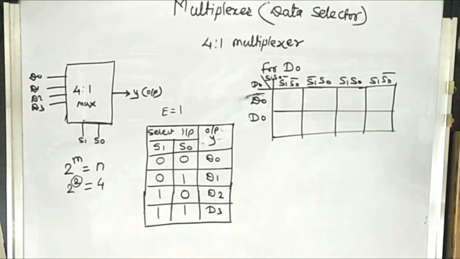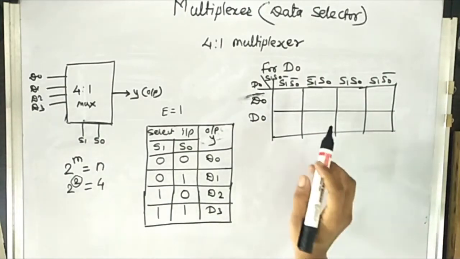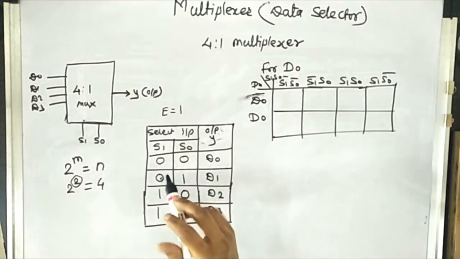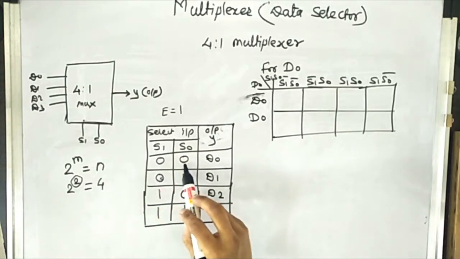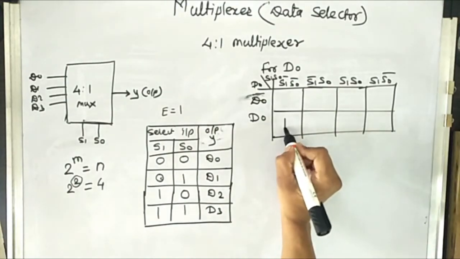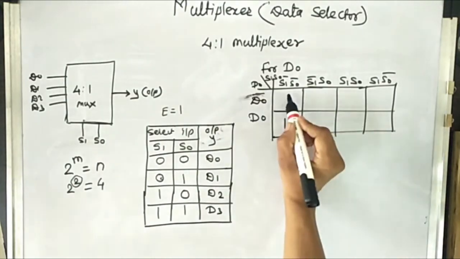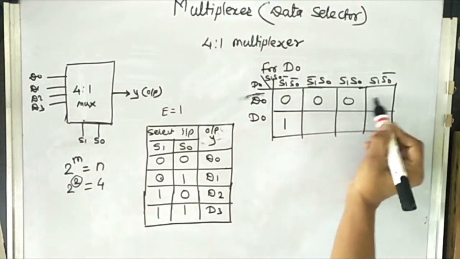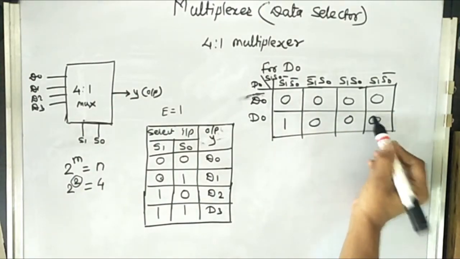Here we plot when S1 and S0 are 0 0, that means S1 bar S0 bar, and when D0 is 1, at that time the output will be 1, and all the other times it is 0.